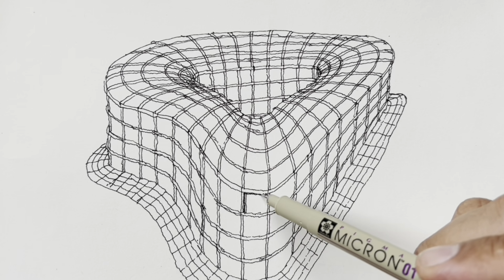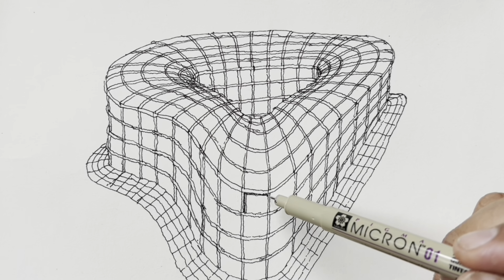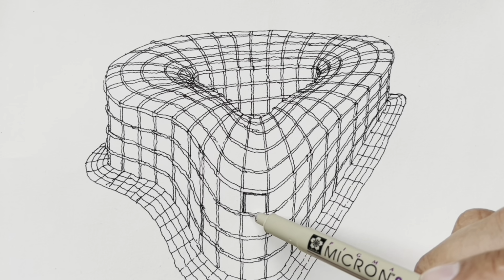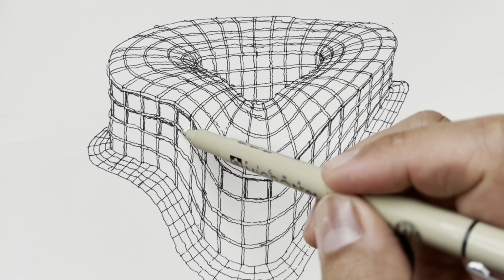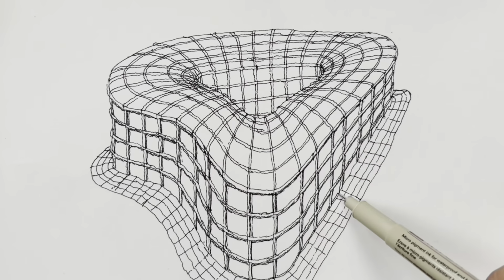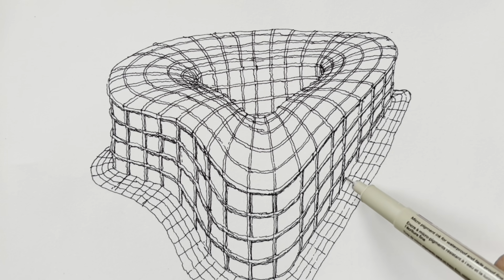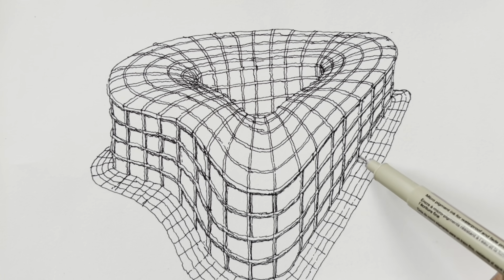So the next stage, the next process, is to add a bit of shadow to indicate the depth of this framing structure and the framing of this curtain walling and the roofing.